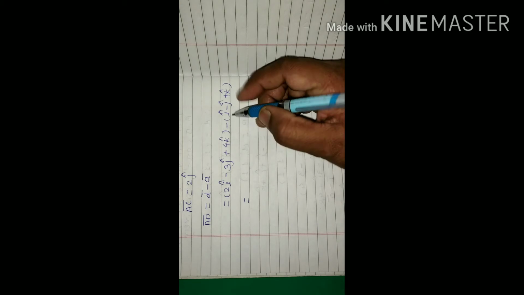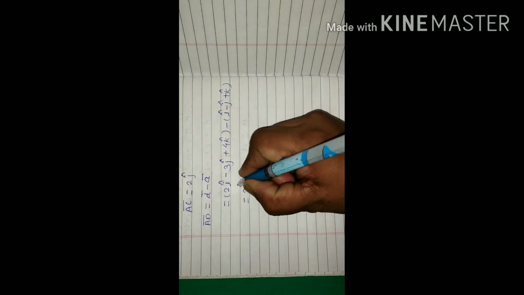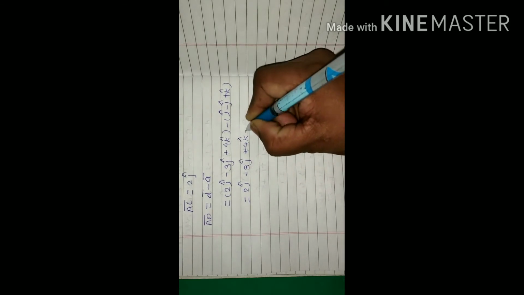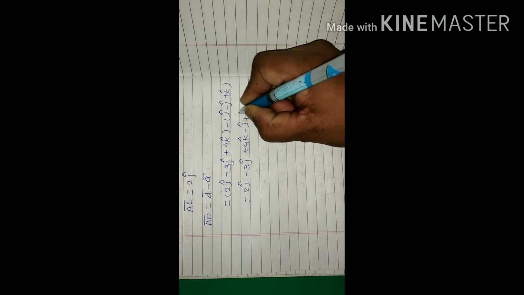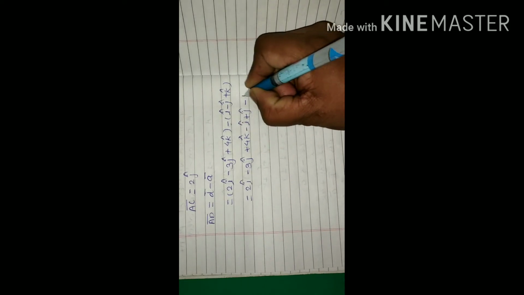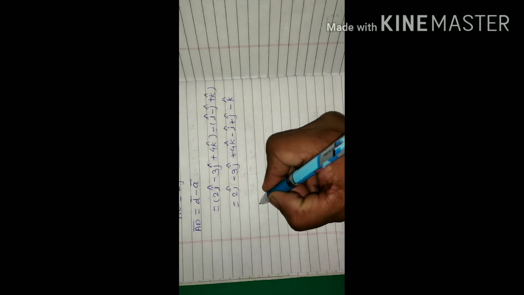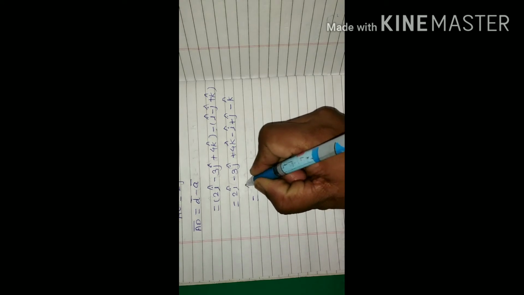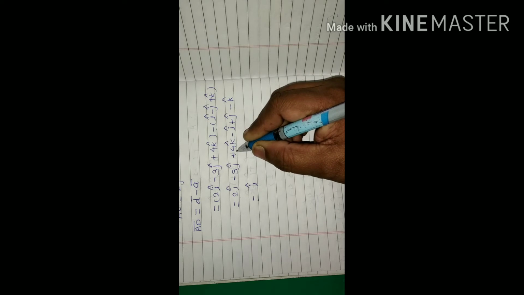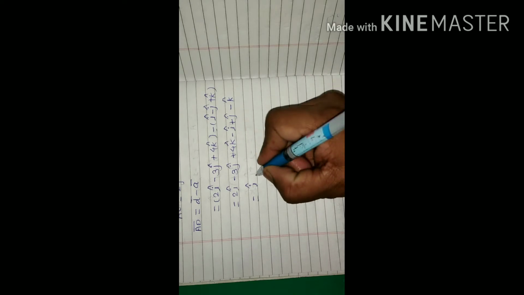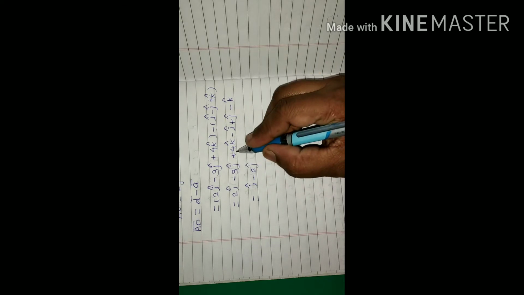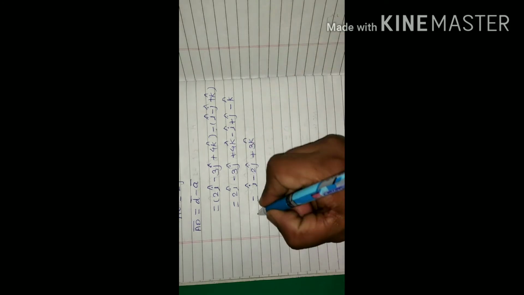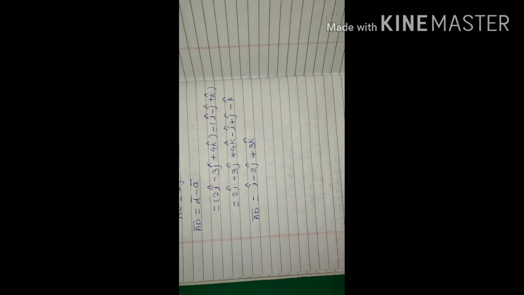Multiply the second bracket by minus, and the first bracket we write as it is, that is 2i cap minus 3j cap plus 4k cap minus i cap, minus minus plus j cap, minus plus we get minus k cap. 2i cap minus i cap we get i cap, minus 3j cap plus j cap we get minus 2j cap, 4k cap minus k cap we get 3k cap. It is the value of AD bar.